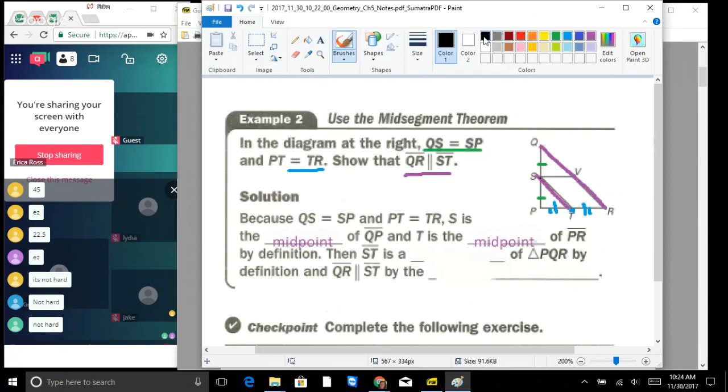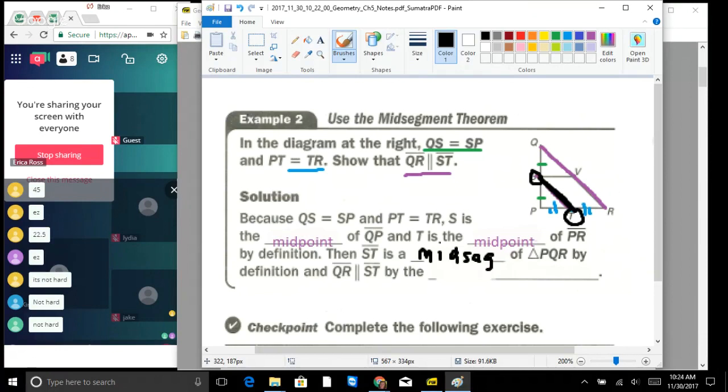What does this make ST right here? ST connects midpoint S and midpoint T. So ST has to be a mid-segment of the triangle. Okay?